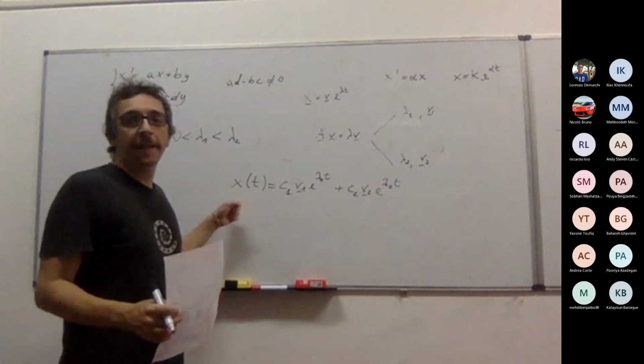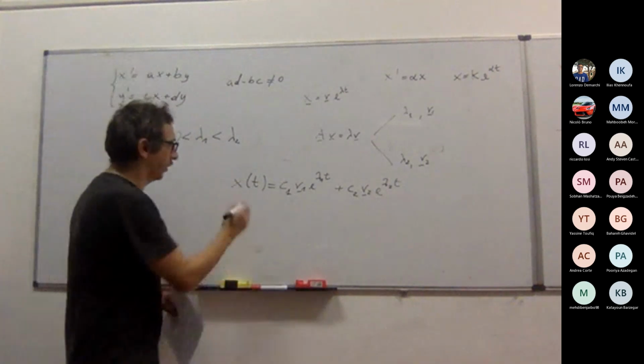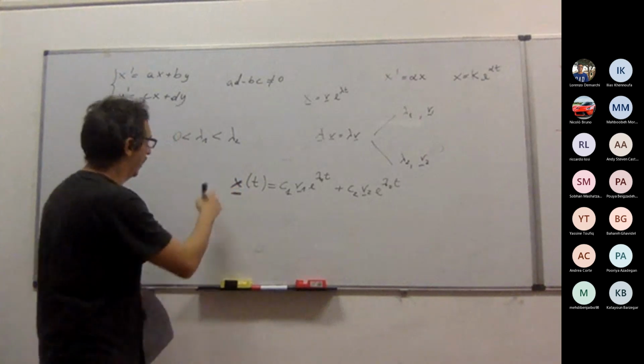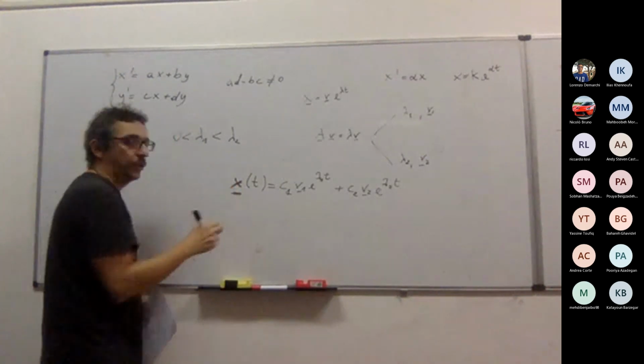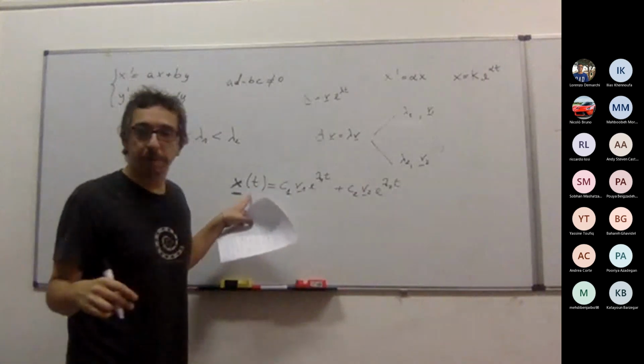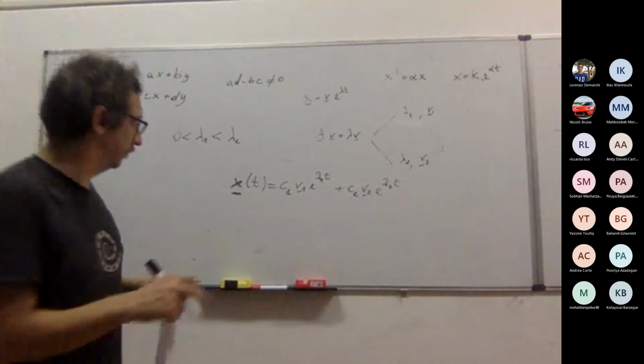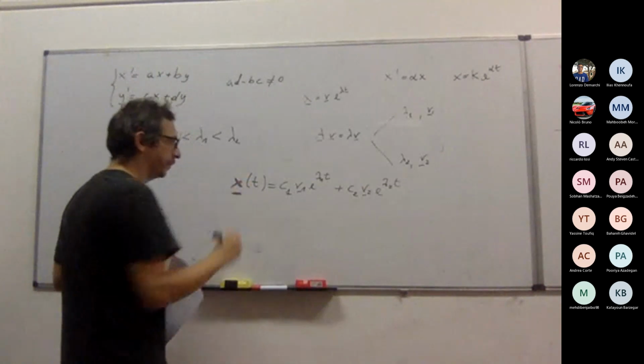Okay, this is going to be the general solution. This is a vector. Remember that this means basically that this is a 2-component vector. Here inside you have both x of t and y of t. Is it clear?